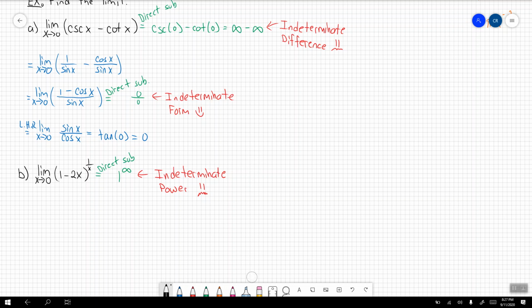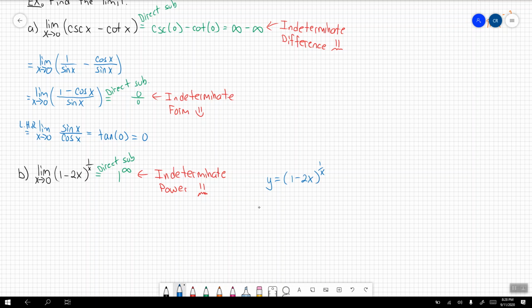And actually, I'm not going to separate the screen. It's okay. So what we're going to do here is start off by saying that I have my function, call this y, which is 1 minus 2x to the power of 1 over x.